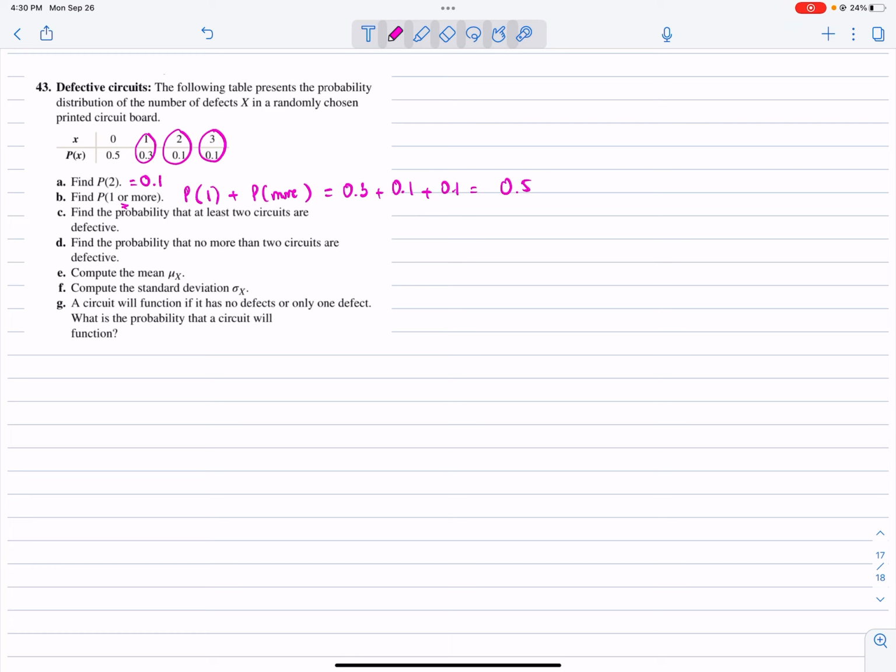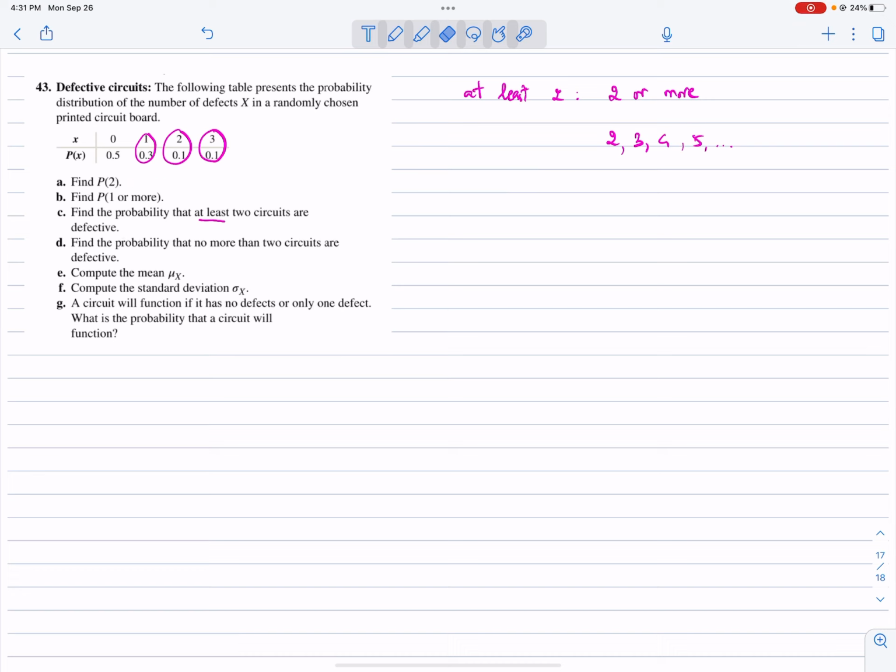For part C, find the probability that at least 2 circuits are defective. So you have the words at least 2. At least 2 means more than 2 or equal to 2. It means 2, 3, 4, 5, and so on.